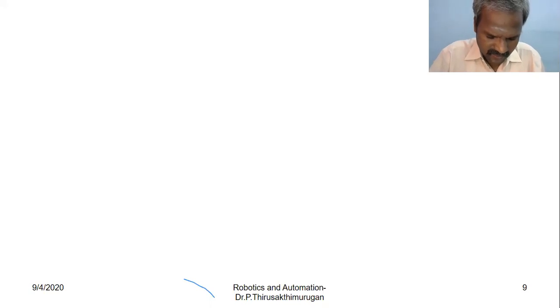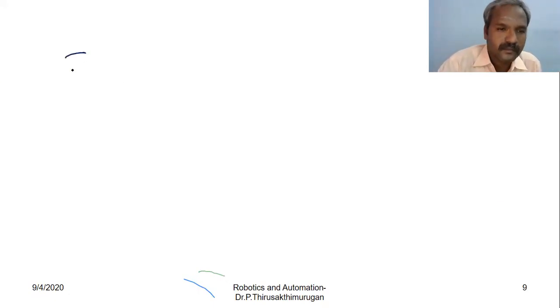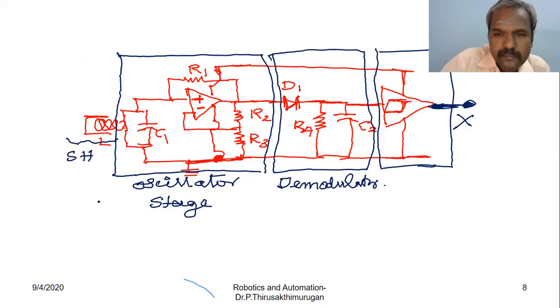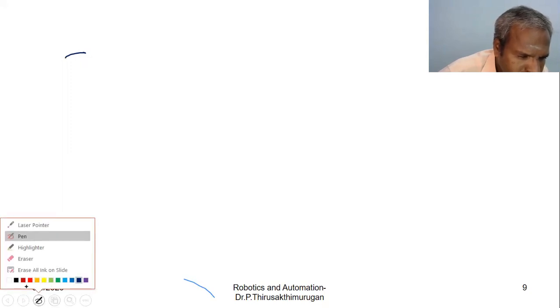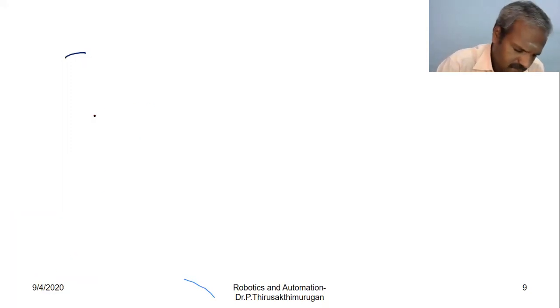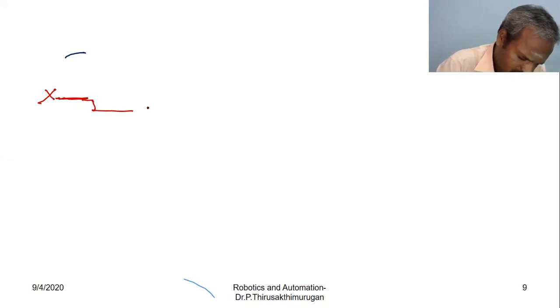So here we design. From the Schmitt trigger, X, it is connected to an output stage.